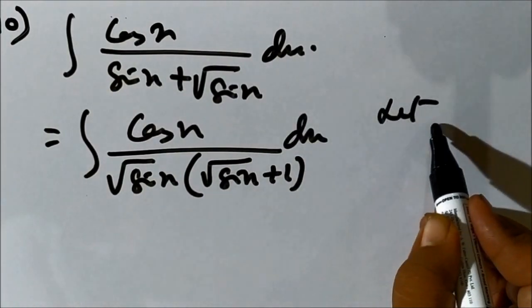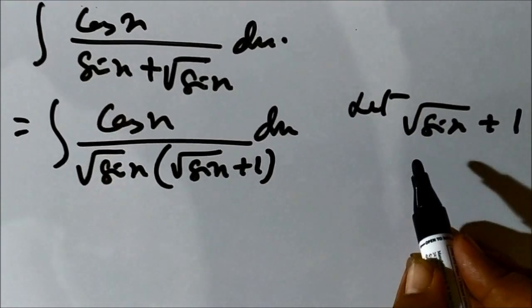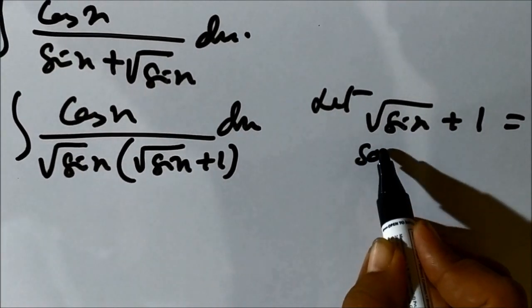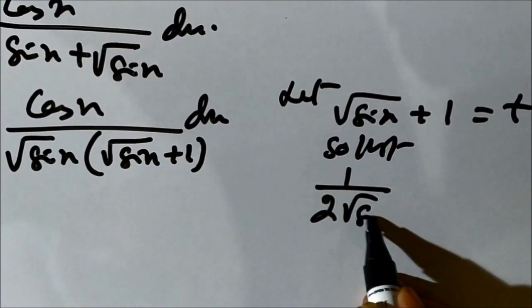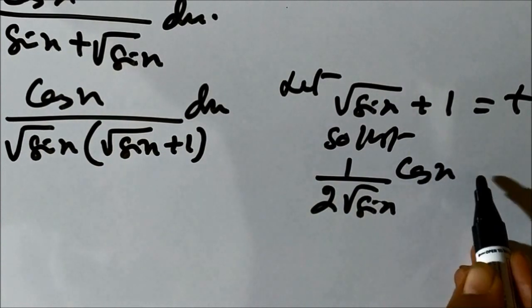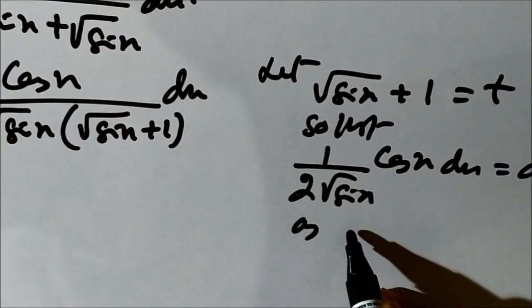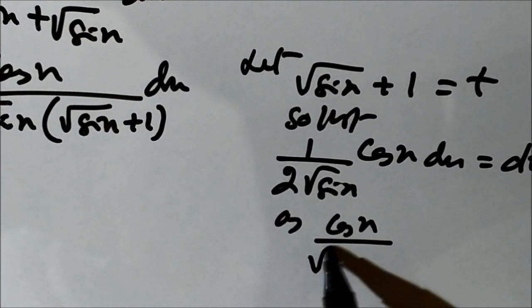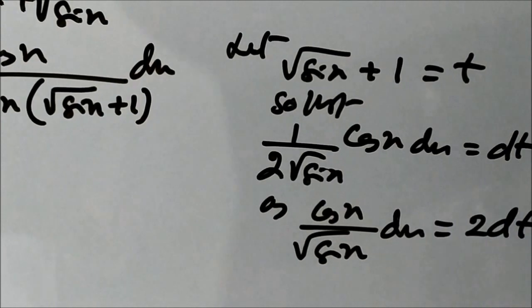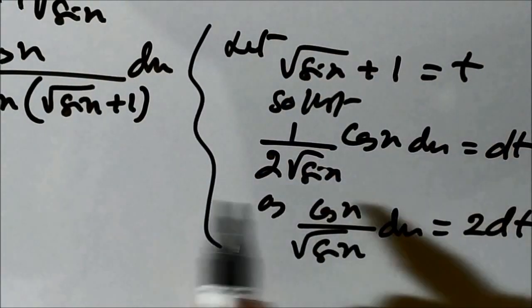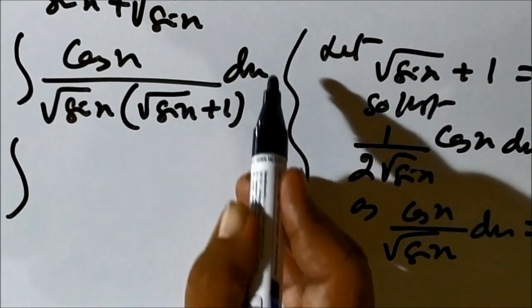Let root sin x plus 1 equal to t, so that 1 by root 2 sin x cos x dx, 1 is 0, that is dt, or cos x by root sin x dx equal to 2 dt. Put this value in this integration. This is equal to cos x by root sin x dx equal to 2 dt.